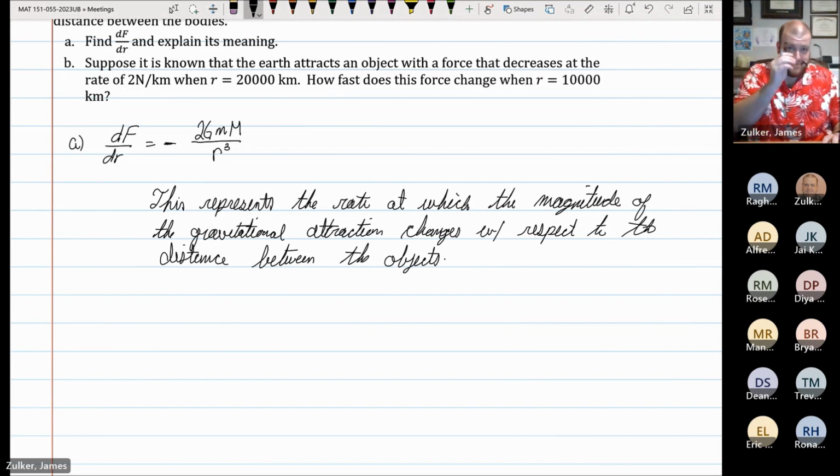Specifically, it is decreasing as the distance between the objects increases, and it decreases proportionally to the inverse cube of their distance.